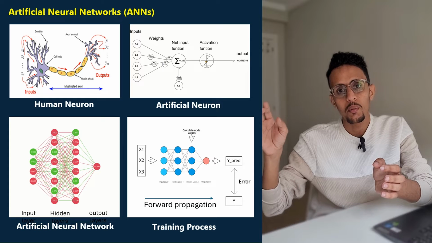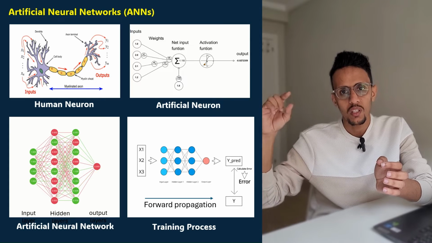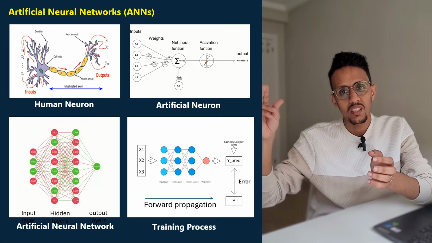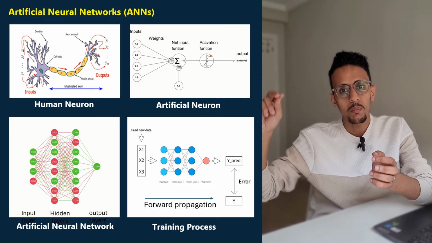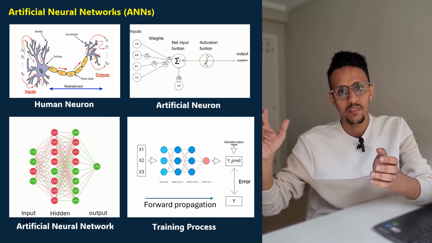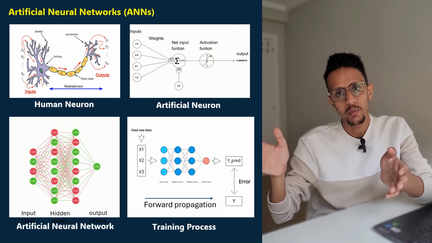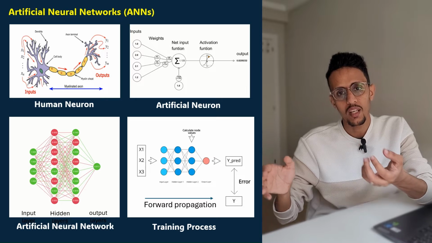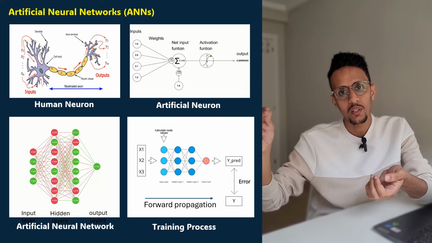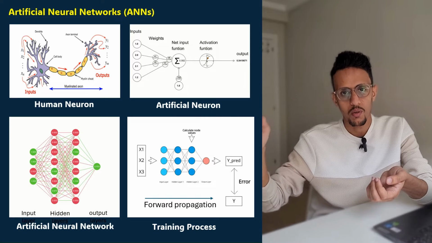And this output will be compared to the actual output, what it is supposed to be. And then the error, the difference between the computed output and the actual output, will be calculated. This is called forward propagation.